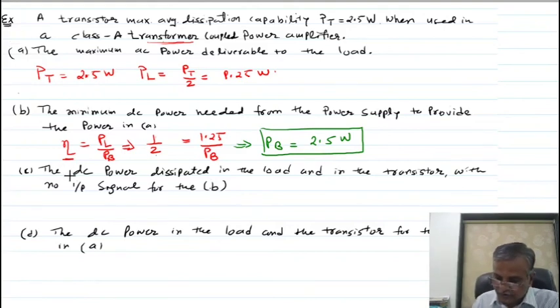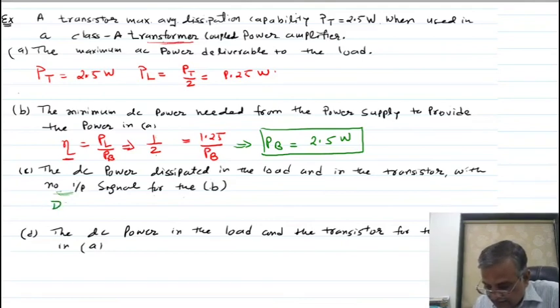Now, when input signal is not applied, we calculate the DC power dissipated in the load and in the transistor. You are talking about the transformer coupled amplifier, where we have taken the primary resistance of the transformer as 0.